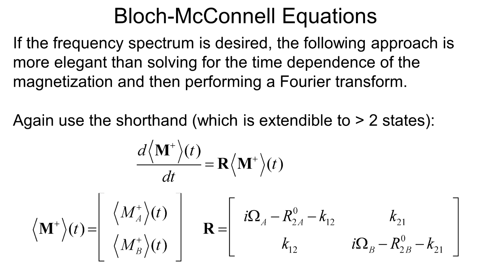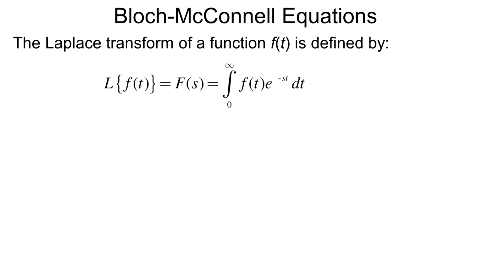So again, we'll use the shorthand of having the boldface terms indicate matrices. So we have column matrices and then the Bloch-McConnell matrix, in this case for transverse magnetization. Now we're all familiar in NMR with the Fourier transform, but there's also a transformation called the Laplace transform, and its definition is shown here.